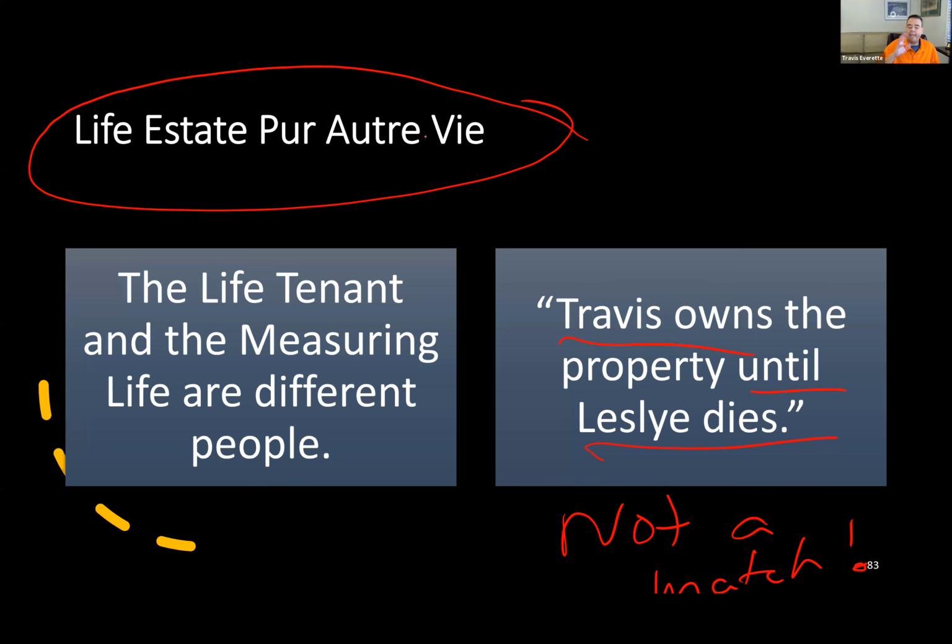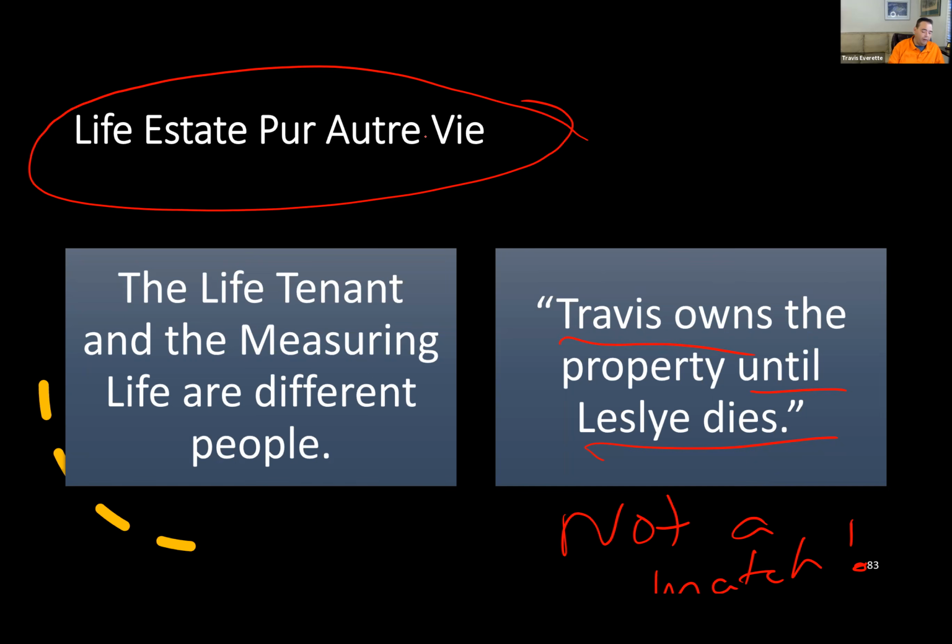It's just a naming thing. I remember in our previous courses, you had mentioned what that means in English is for the life of another. Right, if you translate per autre vie from French, it means for another's lifetime. It's a life estate for somebody else's lifetime.